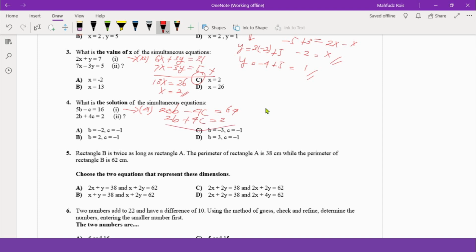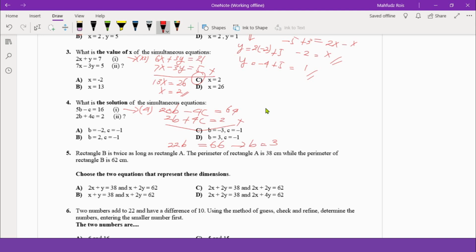Alright, so minus 4c plus 4c, if we add it will be 0. So this one remains, I'm sorry, it's 22b equals 66, right? So 64 plus 2. So here b will be equal to 66 divided by 22, which is 3.